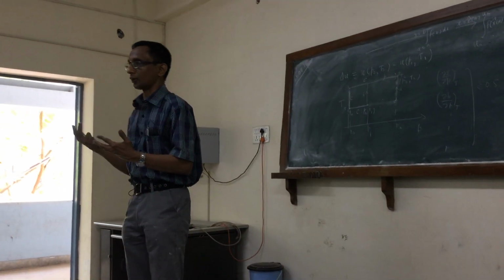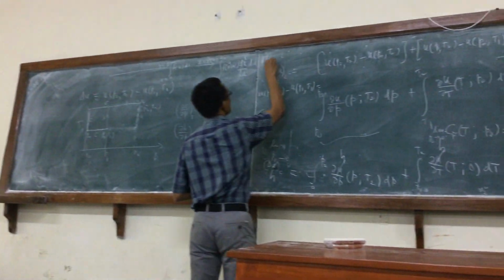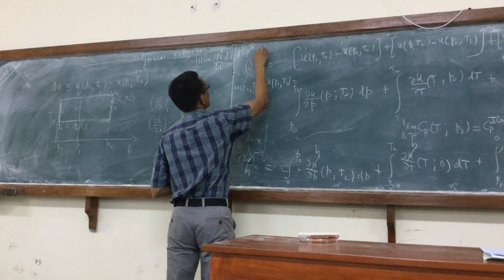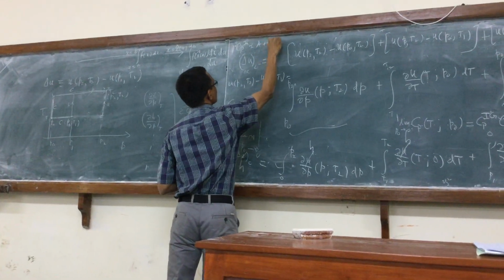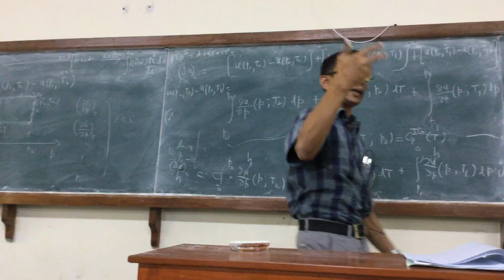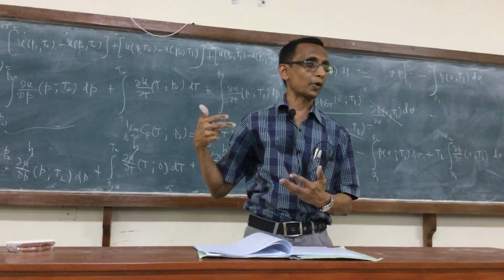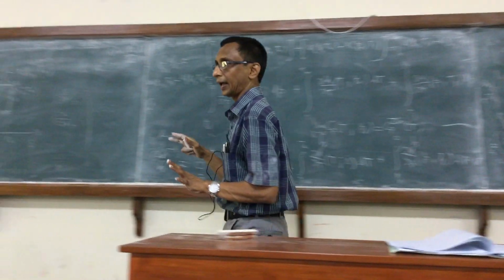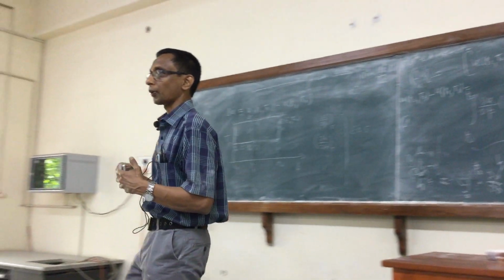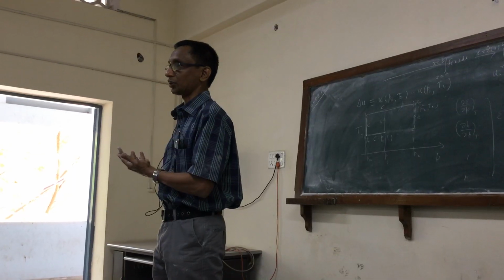You might have encountered in thermodynamics books that there will always be a table which expresses the Cp as some A plus BT plus CT squared and so on. And you will see the values of A, B and C are given for various substances. That means, as I pointed out, even though it's all the ideal gas, the ideal gas has certain common properties, and depending on which substance it is, the Cp values will change.